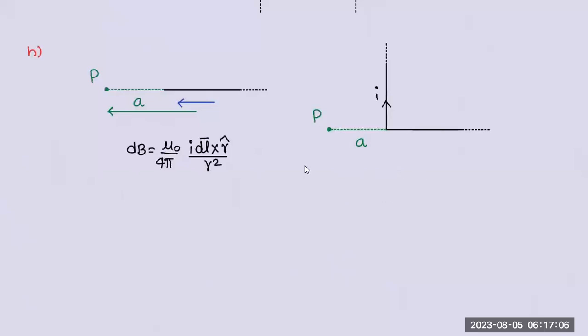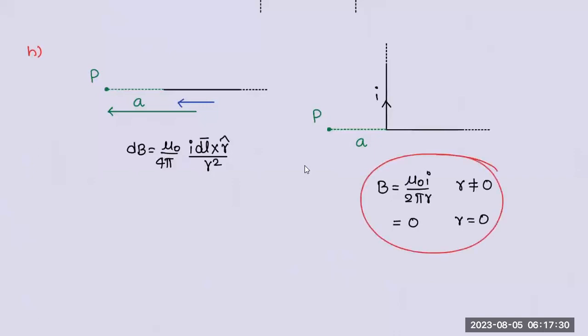So final conclusion is, if the point is on the wire, magnetic field is 0. So what is the conclusion? B is equal to mu naught I by 2 pi r is valid only when r is not equal to 0. If r is equal to 0, magnetic field is 0. This is the complete explanation. Right? This is the thing you need to remember.